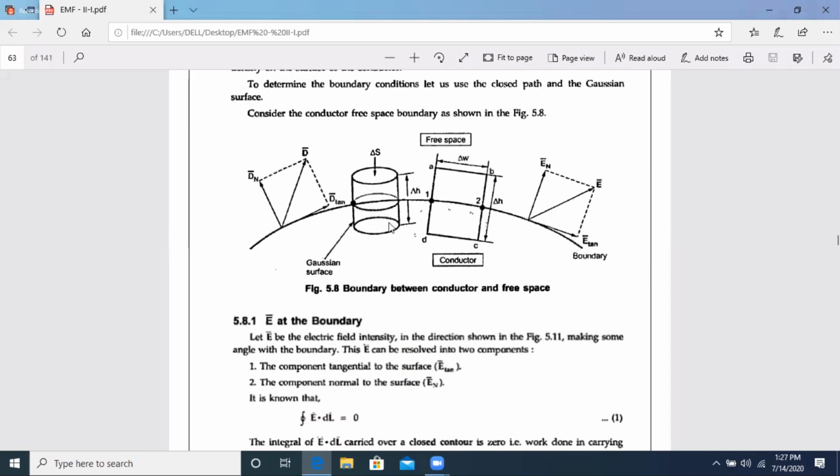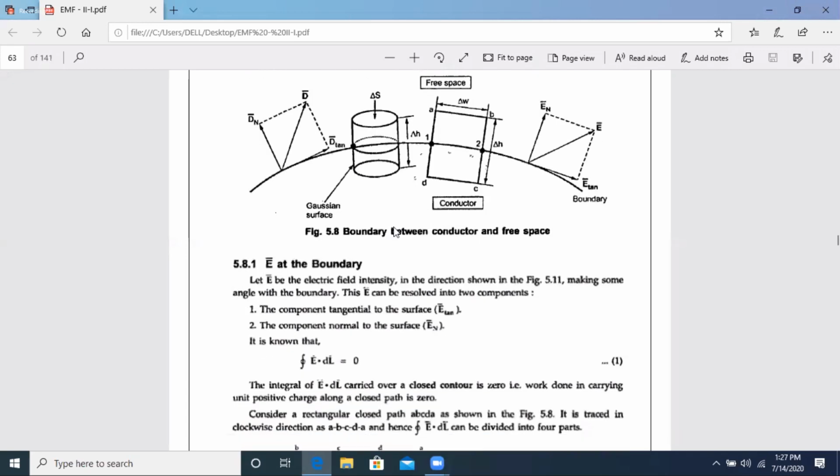So look at this square here. The integral along the closed path.